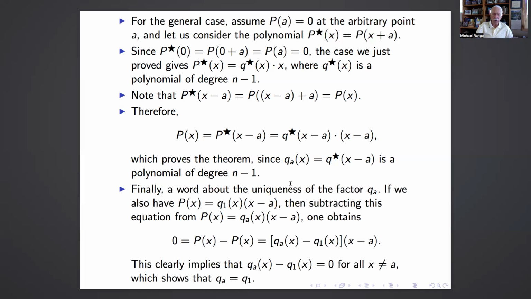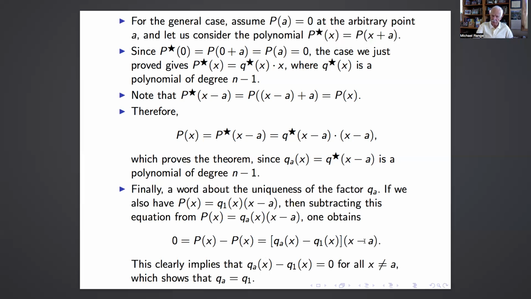Now, just a quick word about the uniqueness of the factor q sub a. Suppose we also have a factorization p of x equals q sub 1 times x minus a. Then subtracting this from the first factorization, one obtains 0, that's p of x minus p of x. And you get the difference, q sub a at x minus q sub 1 at x, multiplied with x minus a.